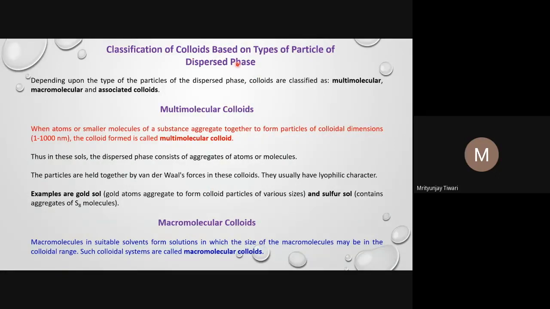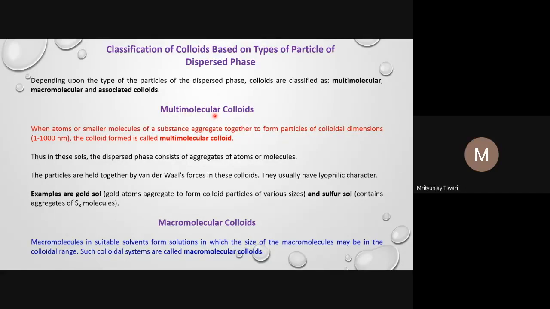The classification of colloids based on the types of particles of dispersed phase and dispersion medium. As I said, based on this there are three different types of colloids. One is called multimolecular colloids. Multi means many, and molecular means molecules. If many molecules get aggregated, get together to form the colloidal particles, then this is called multimolecular colloids.